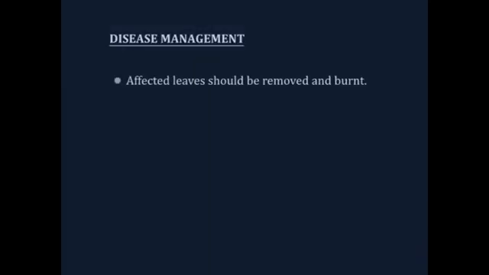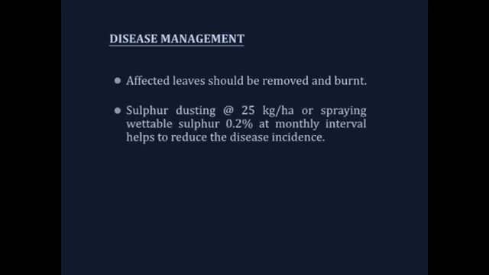Affected leaves should be removed and burnt. Sulfur dusting at the rate of 25 kg per hectare or spraying wettable sulfur at the rate of 0.2% at monthly intervals helps to reduce the disease incidence.